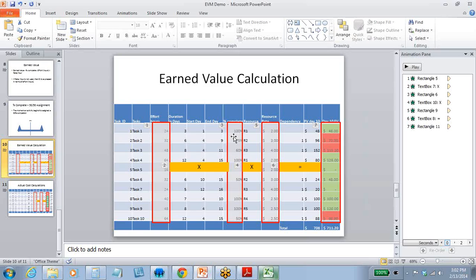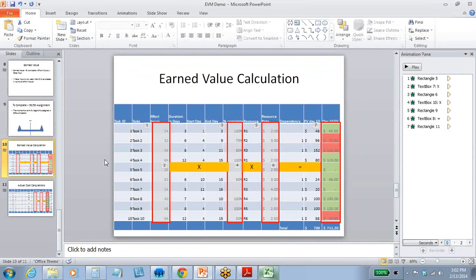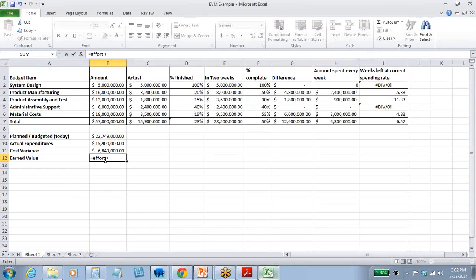So the effort put in hours times the percentage complete. So that would be effort multiplied by the percentage complete.